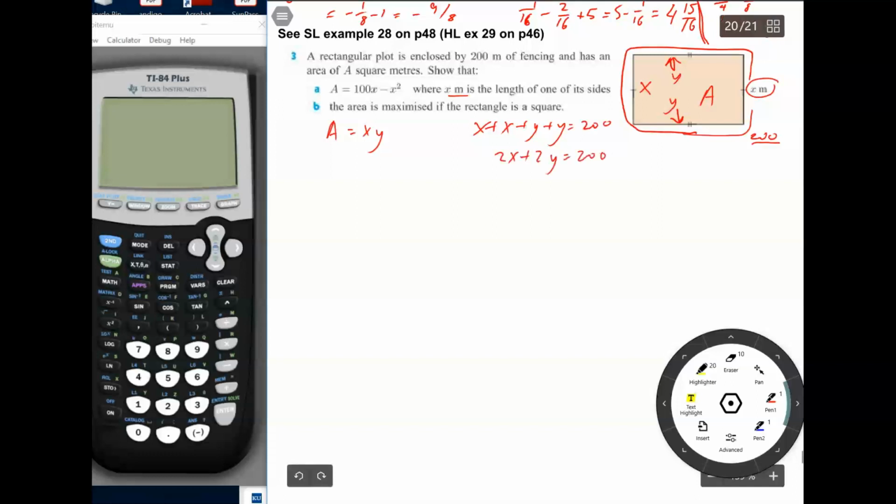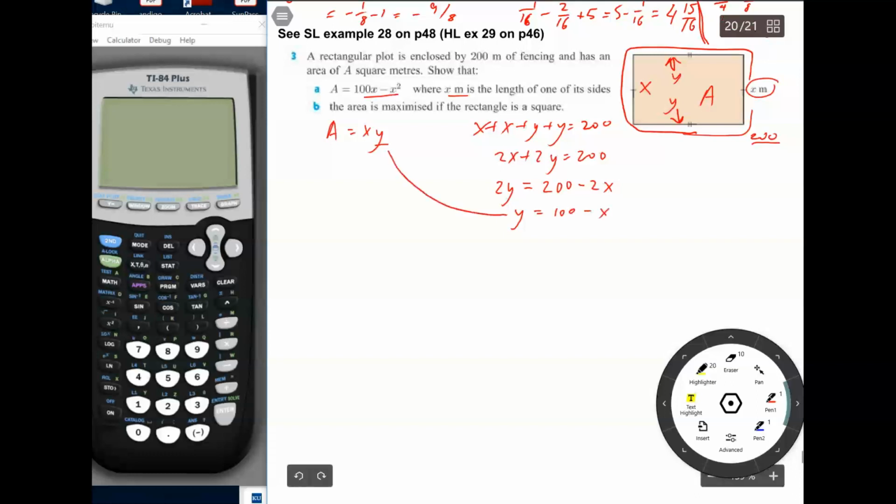I want to get rid of this y because do you see how their expression has no y's in it? So I'm going to subtract 2x from both sides, doing everything to put y by itself, isolated on the left side. Then I'm going to divide by 2, and I get that y equals 100 minus x.